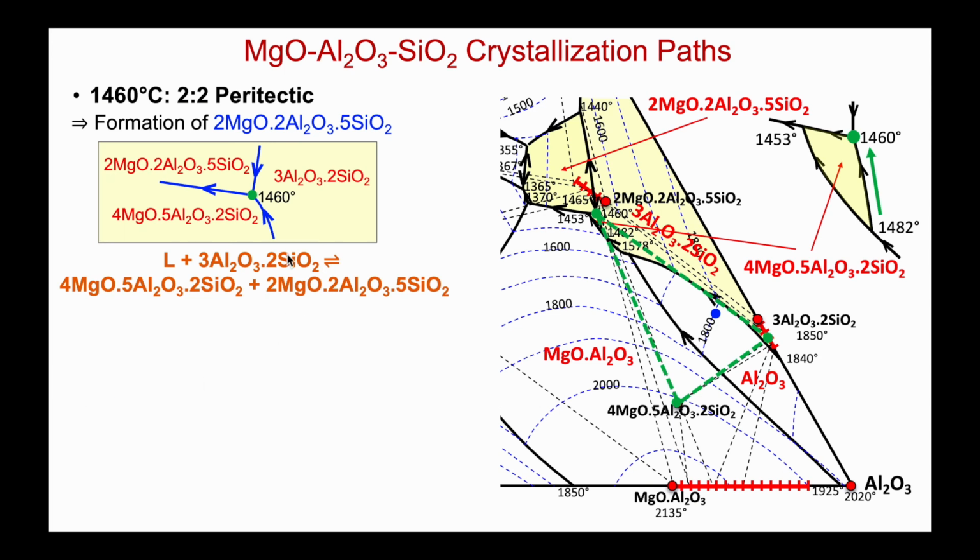Let's pull that invariant reaction off so we can identify what type of peritectic it is.